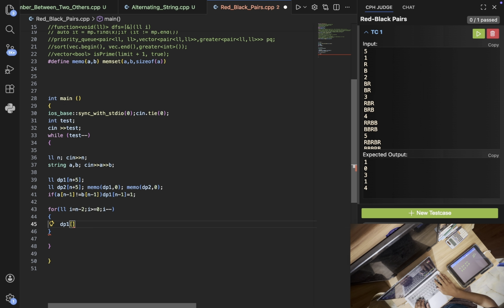Okay, TP1 equal to minimum. No, not minimum.